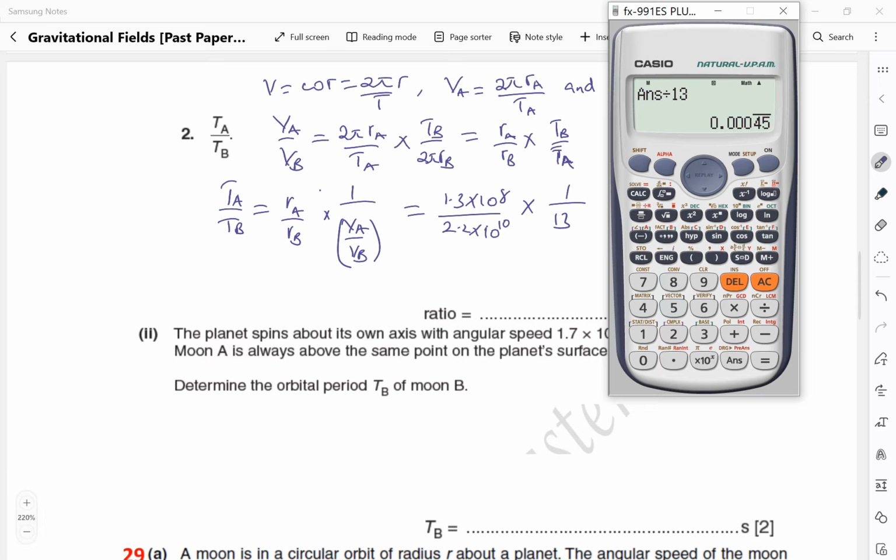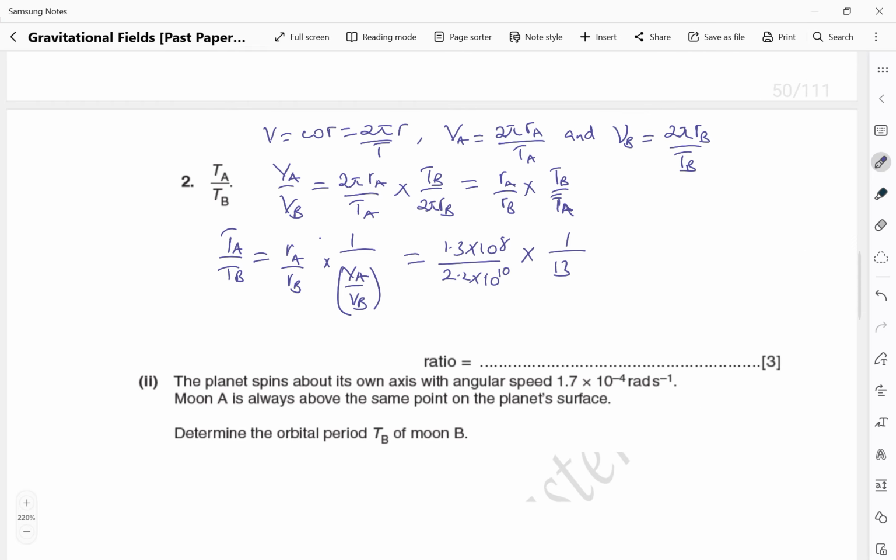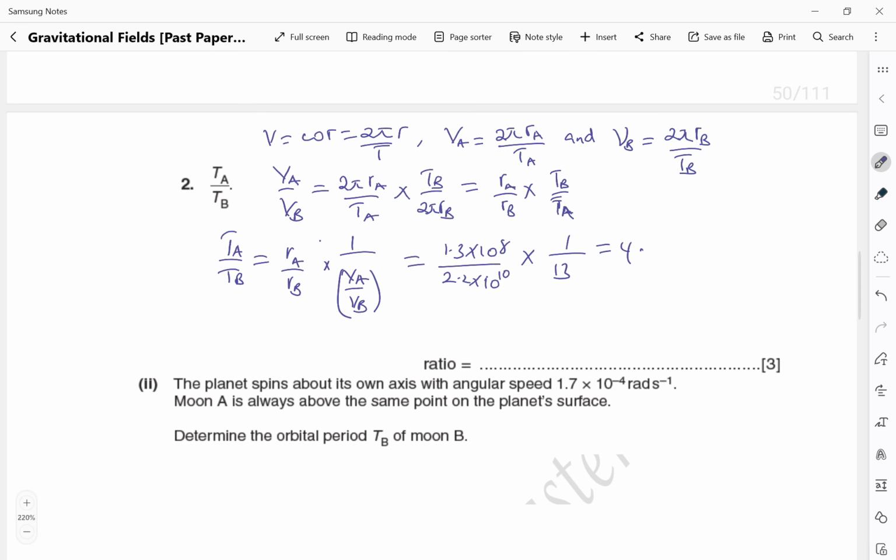So that is 0.0000454545, which is 4.545 times 10 to the power of negative 4. Let me just leave it as 4.545 times 10 to the power of minus 4.